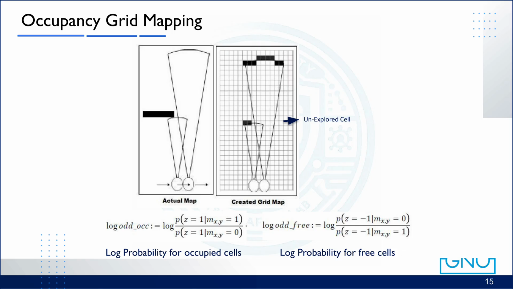By taking the logarithm of this ratio, we obtain a value that can be accumulated safely over time. At every time step, the robot updates its pose and applies these log odds constants to the corresponding grid cells. This update process gradually shifts the belief toward a cell being more likely occupied or more likely free, based on all the measurements collected so far.